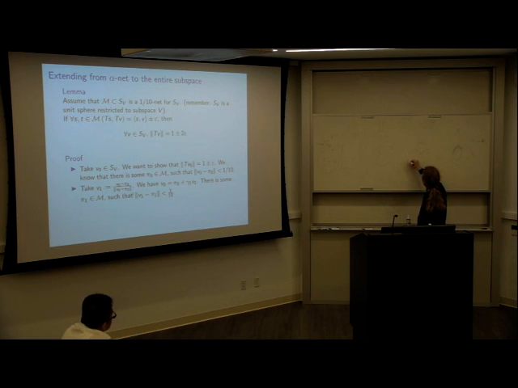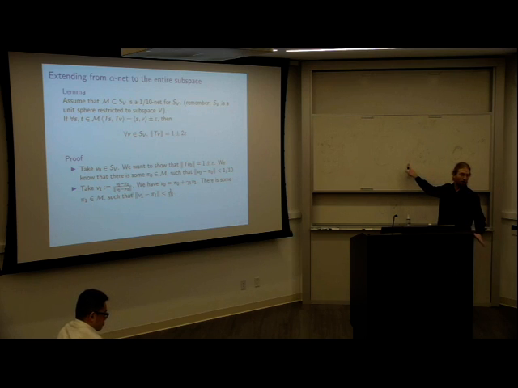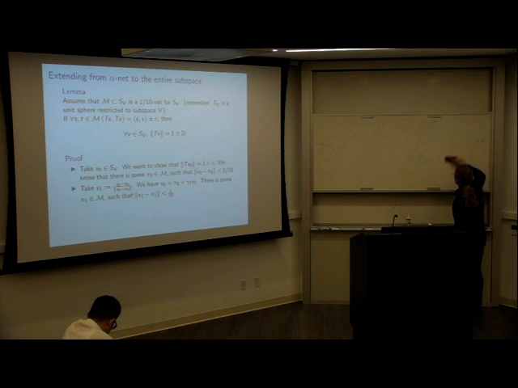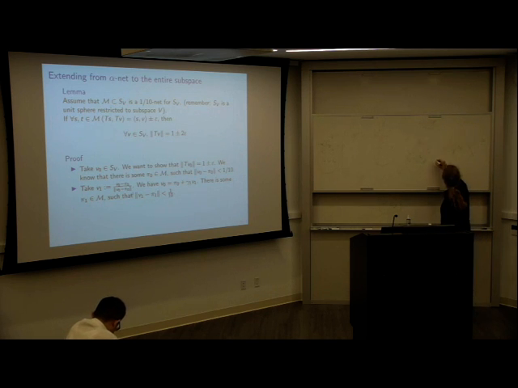And I'm going to define v1 to be whatever is this remainder, but rescaled back to a sphere, so divided by its norm. This point v1 is again on a sphere. I know that I have a net on this sphere, so there exists some point pi 1 such that pi 1 minus v1 is again close, smaller than 1 over 10.